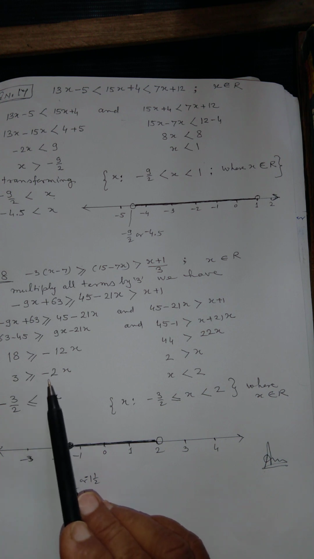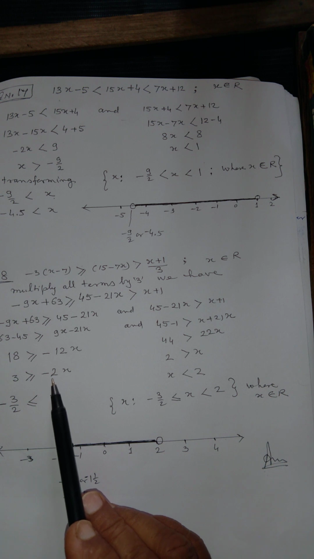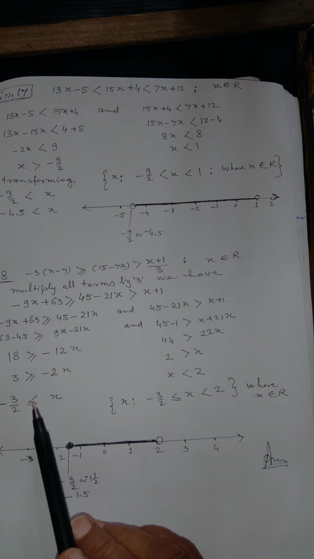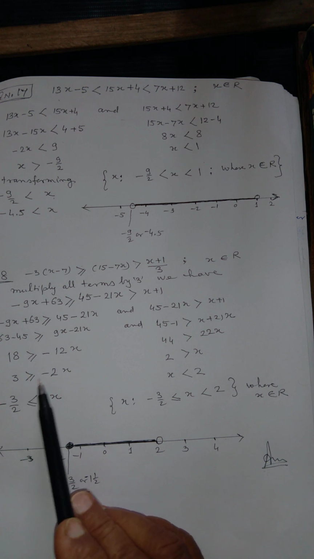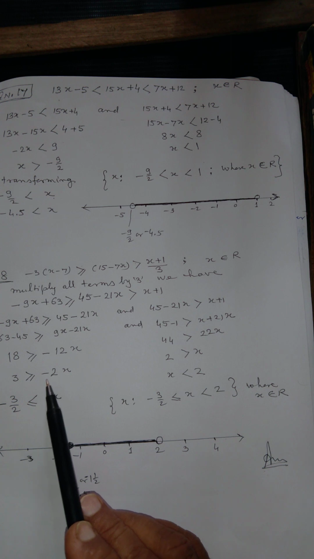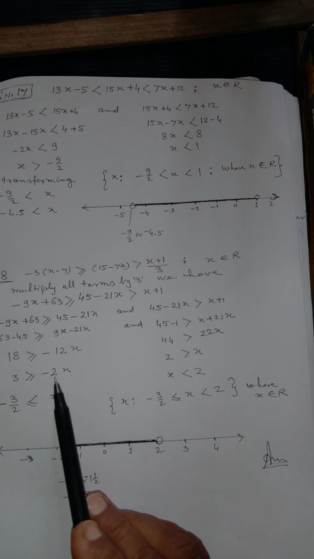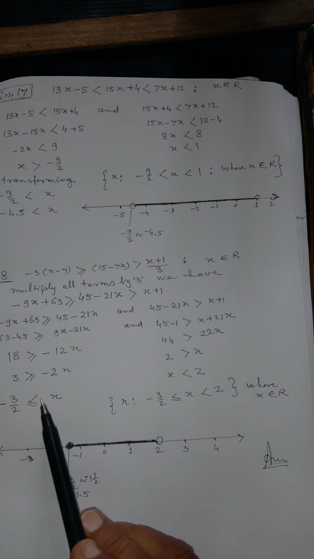As soon as you multiply or divide by a negative integer, the sign of inequality will be changed. Here you see 3 greater than or equal to minus 2x. Now as soon as you have divided both sides by minus 2, it has become minus 3 by 2 greater than or equal to x.